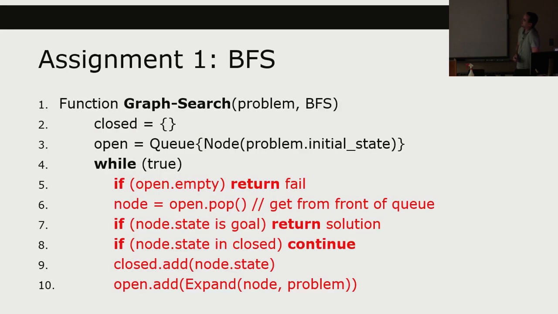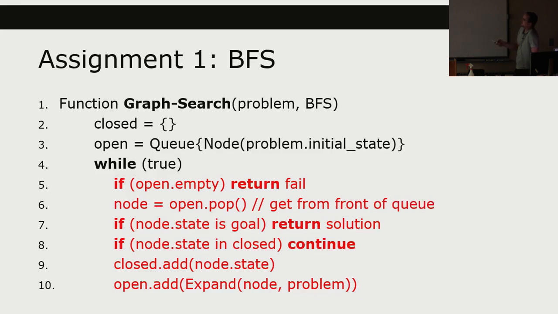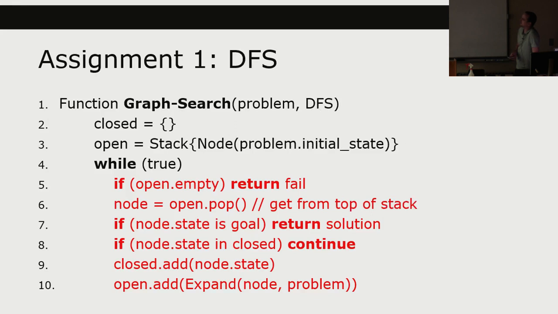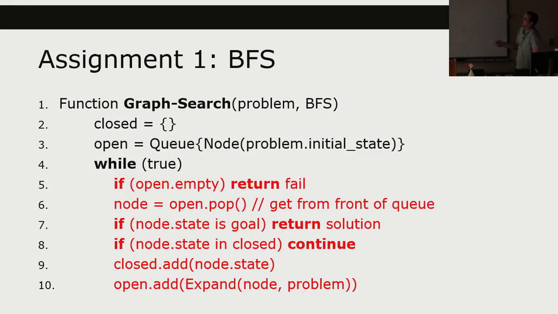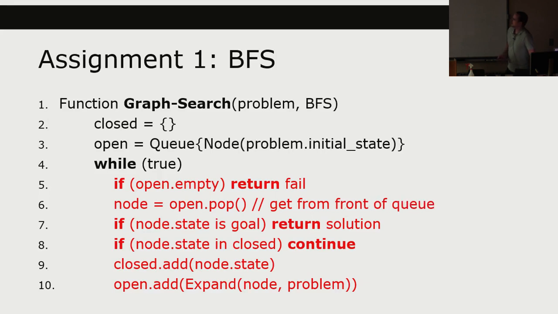And in assignment 1, you are doing breadth first search and depth first search. And here, like I said last time, the only difference between breadth first search and depth first search is that you use a queue as the open list in breadth first search, and you use a stack for the open list in depth first search. And in fact, it's even easier than this in JavaScript because you just use JavaScript arrays. You're not using a queue or a stack.